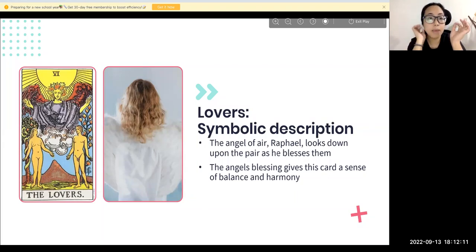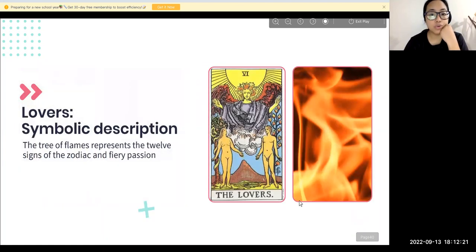That means there will be balance and harmony in your business, in your relationship, in your love life, in your health. So angels are giving that blessing to you in all areas of your life.